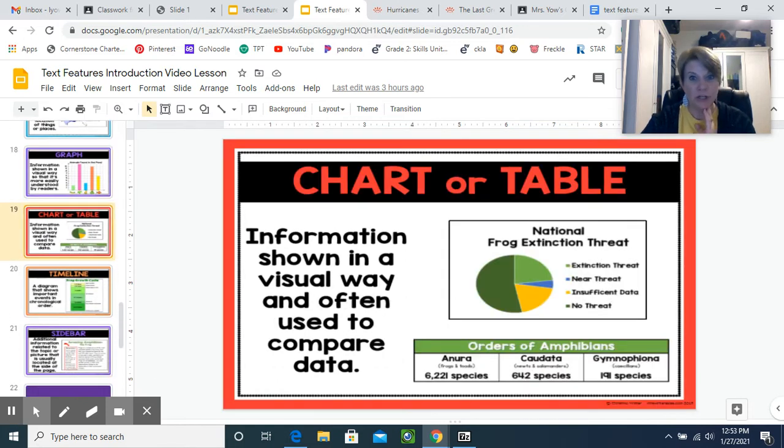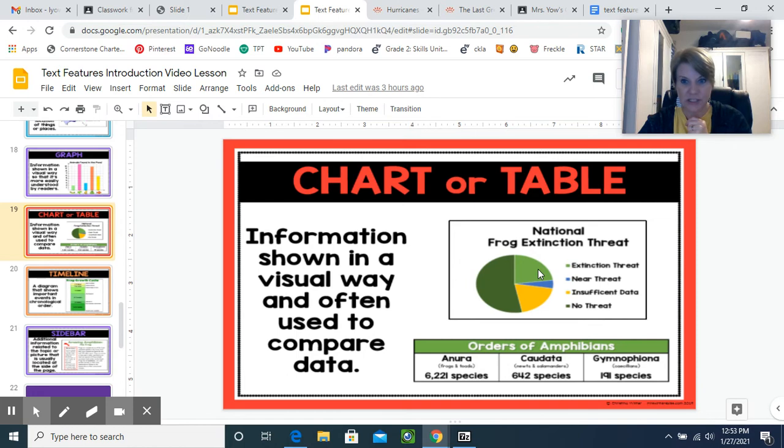All right, a chart or table is going to give you information shown in a visual way, and it's often used to compare some type of data. Remember, data are numbers. So, for example, this is called a pie chart, and it shows us the national frog extinction threat.